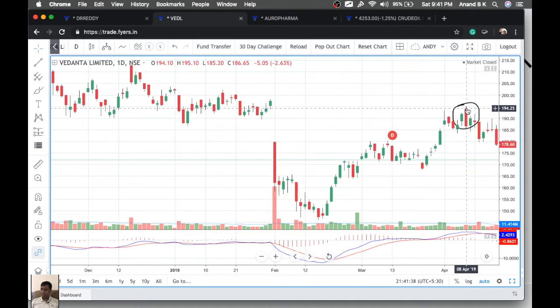It opened on top, closed at the bottom, a clear move where it completely covers the previous day's candle, and it is also a big, large candle. That confirms that the bearish engulfing is very strong.